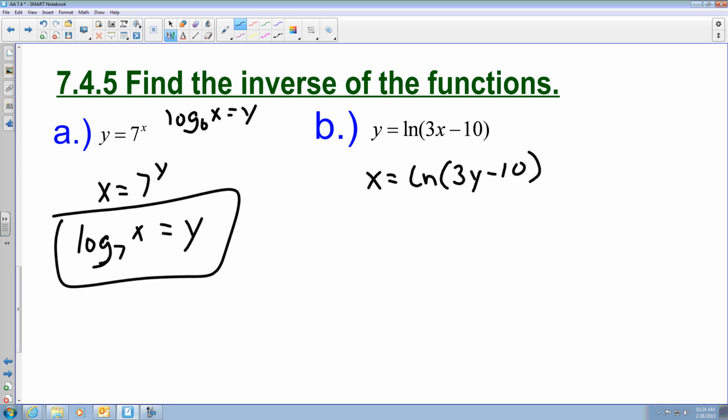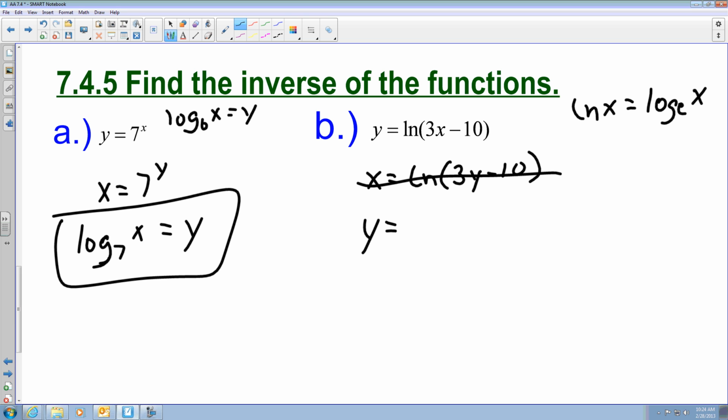But now let's recall, remember what the natural log of x was? This ends up equaling the log base e of x. So I'm going to rewrite that. Actually, before I do that, let's not flip it yet.